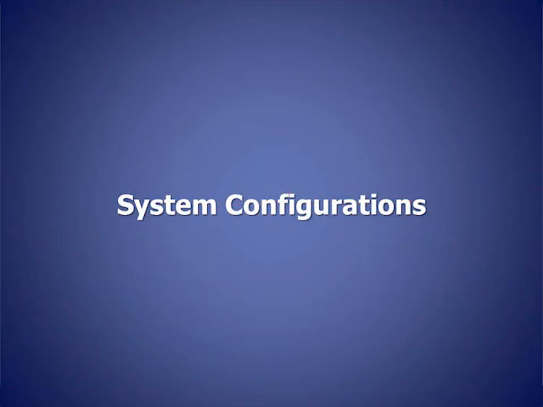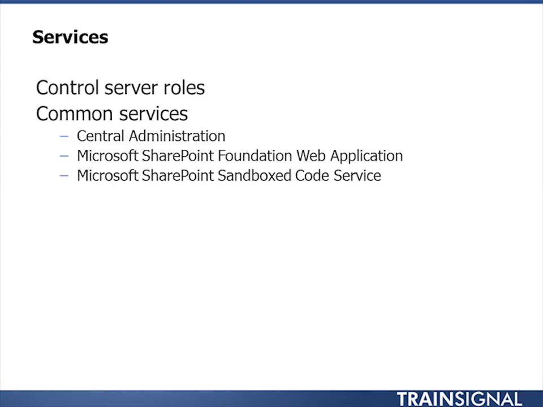Now that we've seen how we can use Central Administration and PowerShell, let's actually get in and see it in action, shall we? After deploying SharePoint, one of the things you're going to find you need to devote a fair amount of attention to is optimizing the performance of SharePoint.